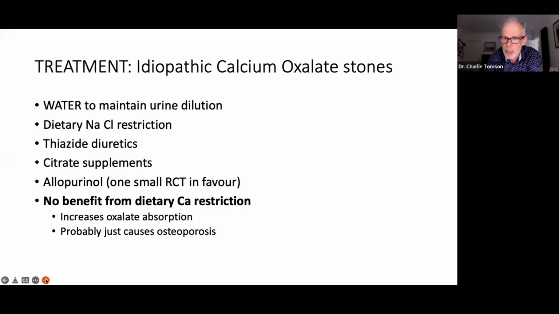I chose his occupation as a taxi driver because taxi drivers habitually spend lots and lots of time behind the wheel and can't afford to get out of the car to pass urine, and so habitually have quite a low fluid intake. And so a sedentary occupation with low fluid intake is a certain risk factor for forming this type of kidney stone.